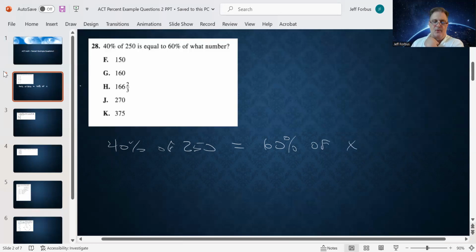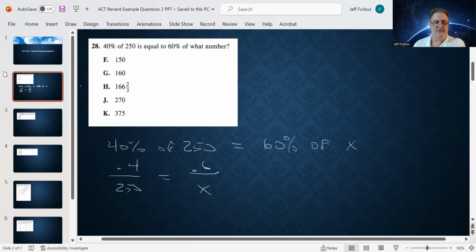We got a proportion developing. So we can say change 40% to decimal 0.4. 0.4 is to 250 as 0.6 is to some number X. Cross multiply, divide, and solve this for X.